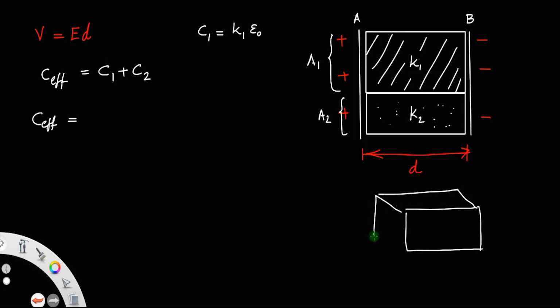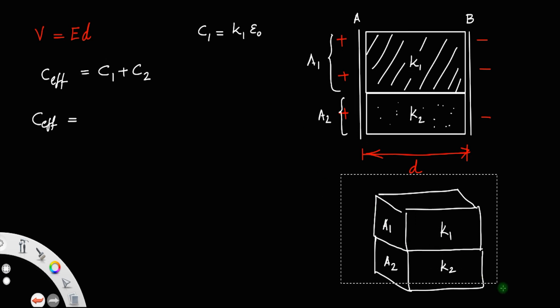It's almost like a block. This is K1 and this is K2. So this is the cross-section area A1 and this is the cross-section area A2. They both are different. Clear? Therefore, let me erase this.